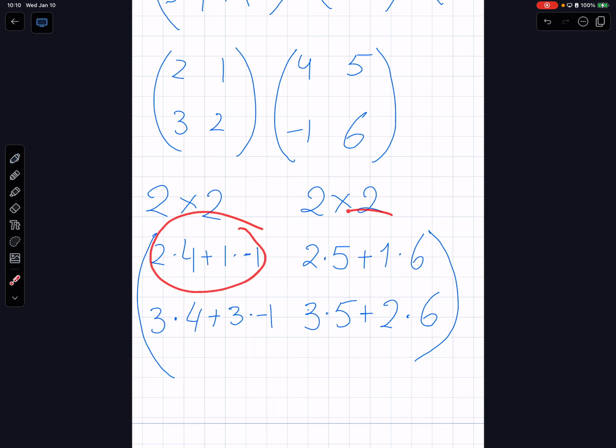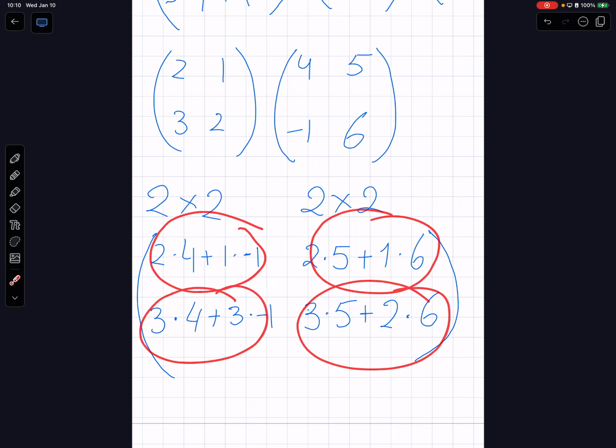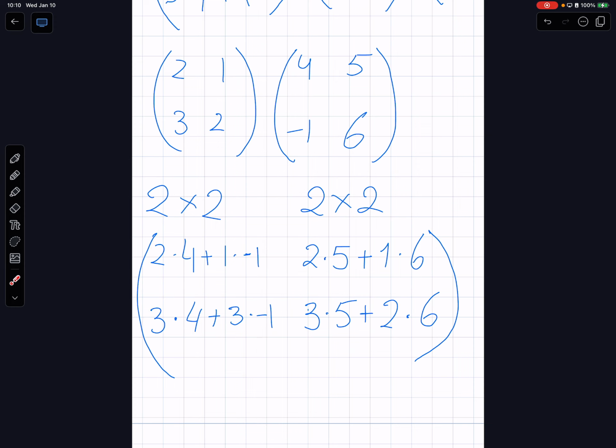You have 2 columns and 2 rows. So you have to do it double. This times this and that, and this times this and that.